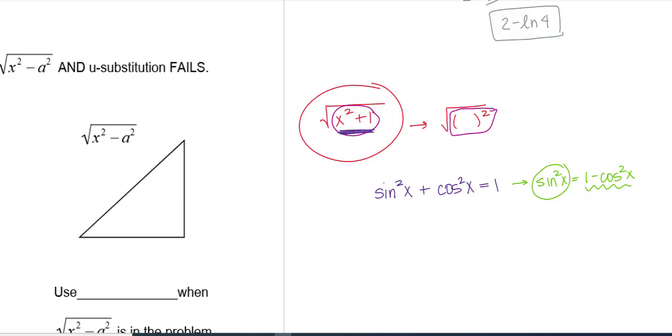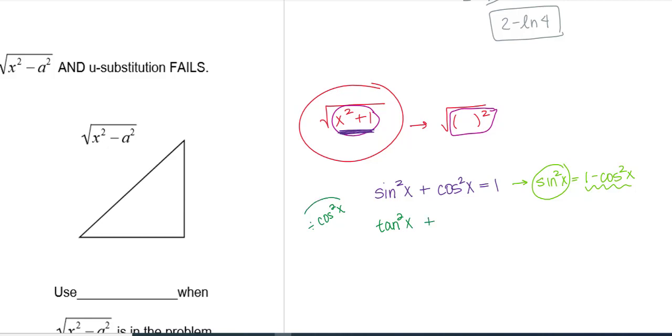Okay, well, this was our first Pythagorean identity. The other two come from just a simple division. If I take that basic Pythagorean identity and divide through by cosine squared of x, so every single term gets divided by that, sine squared x over cosine squared x is tangent squared x.